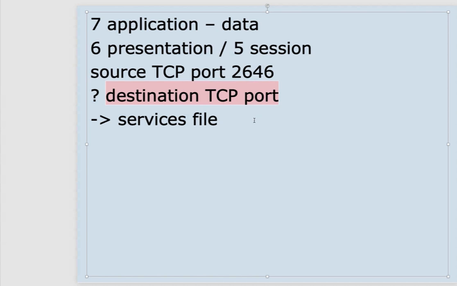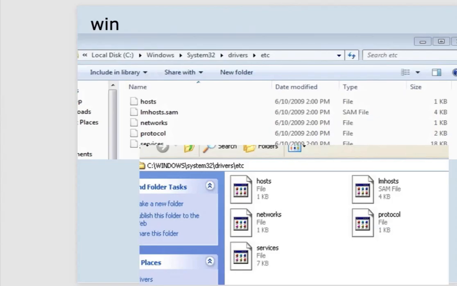Well, the first thing that's going to happen is we're going to look at the services file that's present in the operating system files of our client computer. In the case of a Windows computer, it's going to typically be in the System32 drivers etc folder. There are going to be several files in there: protocol file, LM hosts file, networks file, services file, and a hosts file.